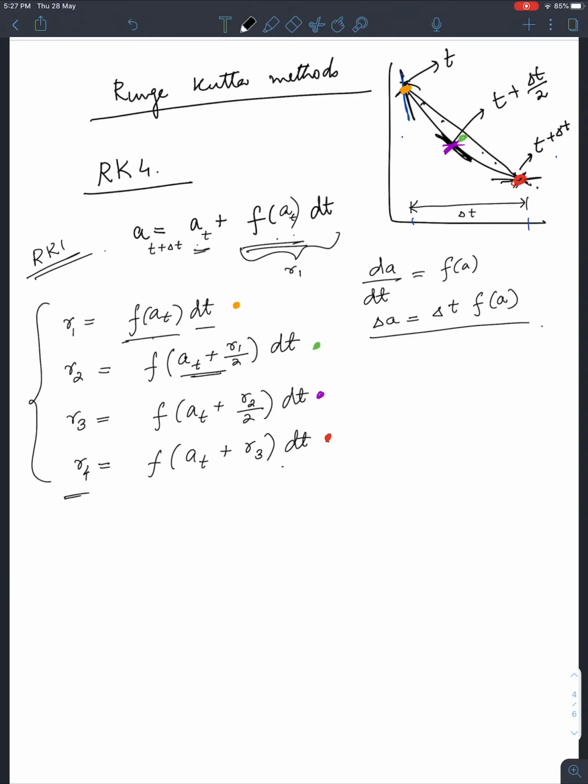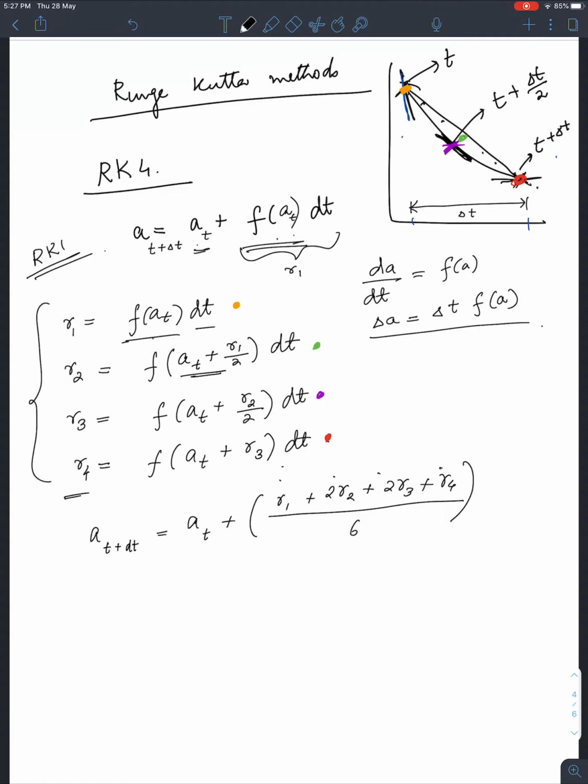So instead of f(A at t), we take the time average. A at t plus dt is equal to A at t plus r1 plus twice r2 plus twice r3 plus r4, over 6. This is a weighted average where we take double the weight in the middle: twice r2 and twice r3.